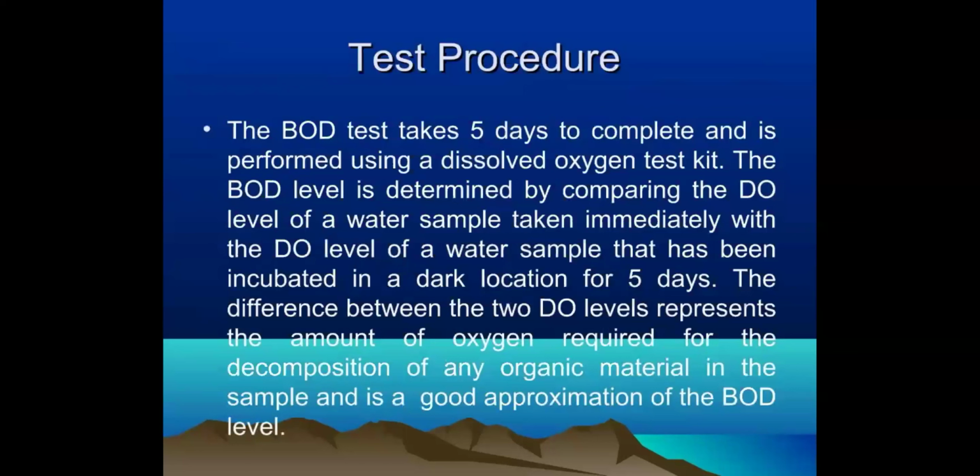The BOD test takes 5 days to complete and is performed using a dissolved oxygen test kit. The BOD level is determined by comparing the DO level of a water sample taken immediately with the DO level of a water sample that has been incubated at a dark location for 5 days.